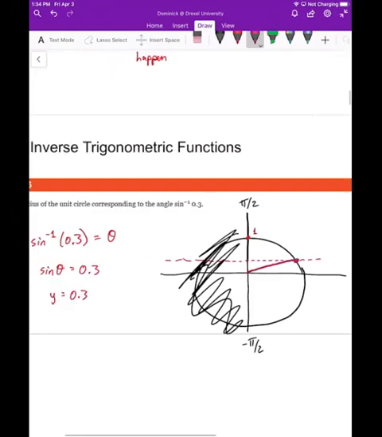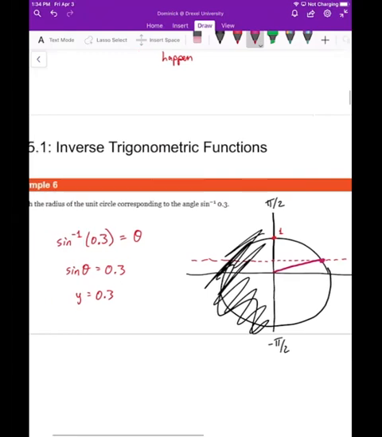Now if we enter this in the calculator, we could get what that angle precisely is. So this would be found by doing second sine. If I do 0.3, I'm going to get roughly 17.46, so we get 17.46 degrees in there.